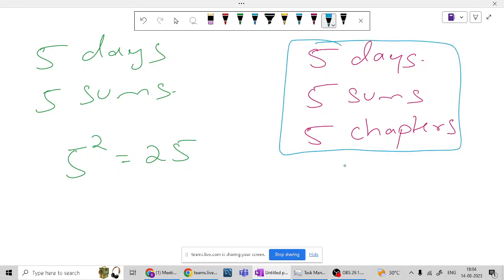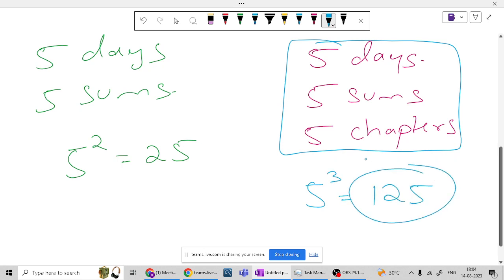Total how many sums would you have solved at the end of the 5th day? 125. The base is same for all three. From each chapter 5 problems, 5 days, it will come up to 125. This is where we use square and square roots. Simple calculation.